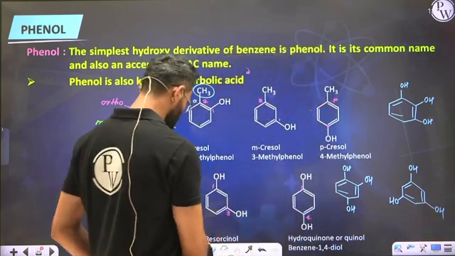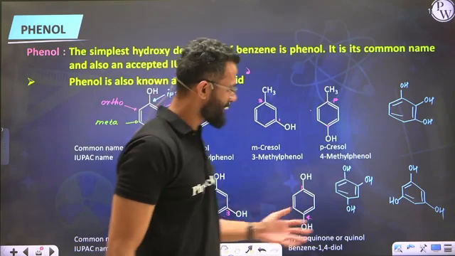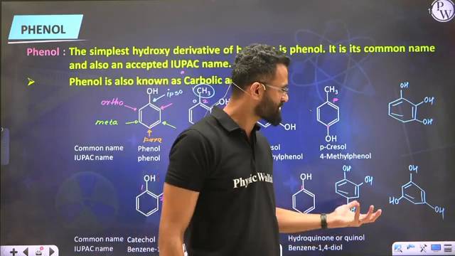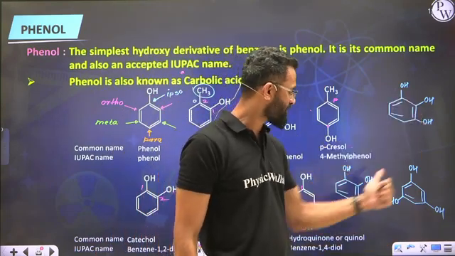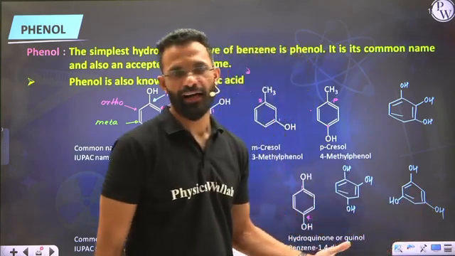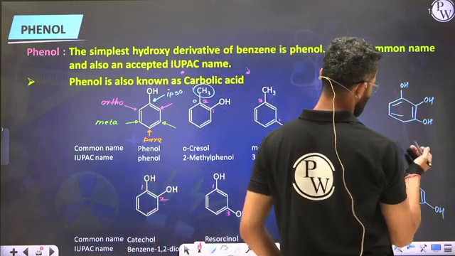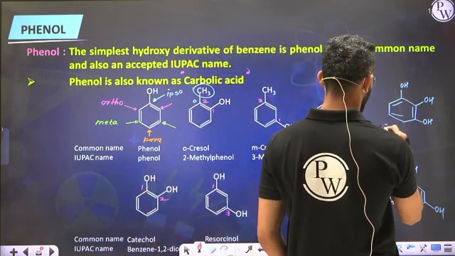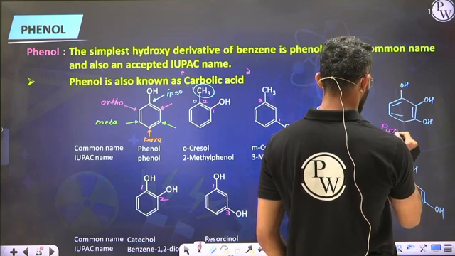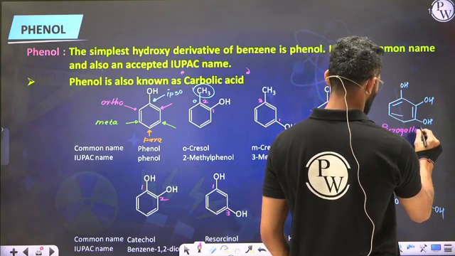Now, as far as IUPAC is concerned, it's pretty simple: benzene 1, 2, 3 triol, benzene 1, 2, 4 triol, benzene 1, 3, 5 triol. As far as common names are concerned, this is what you call pyrogallol.